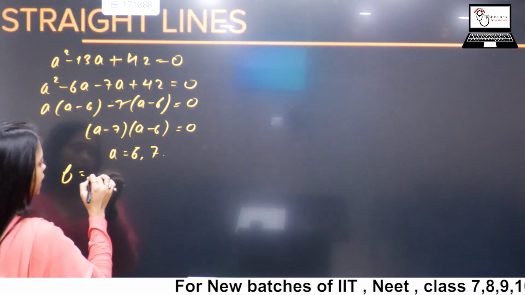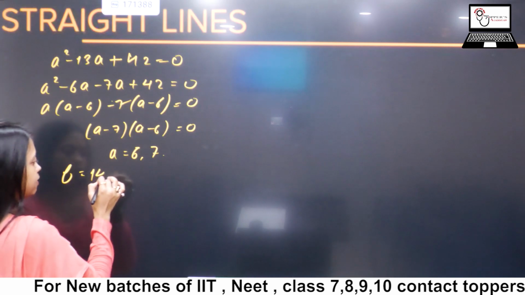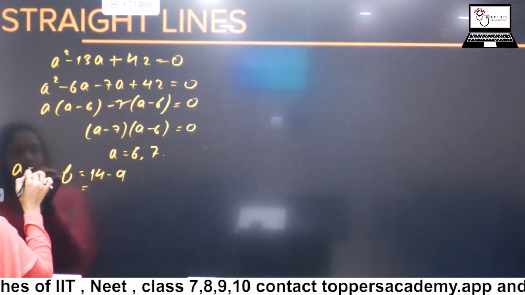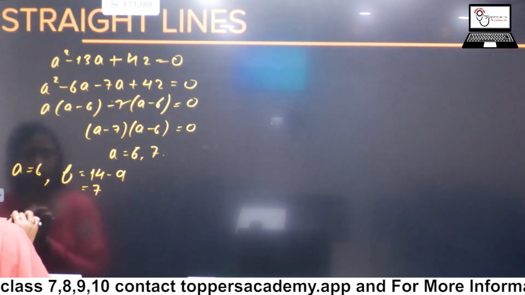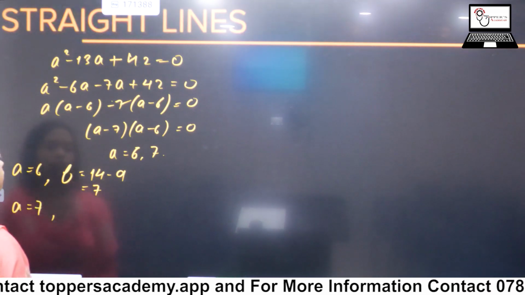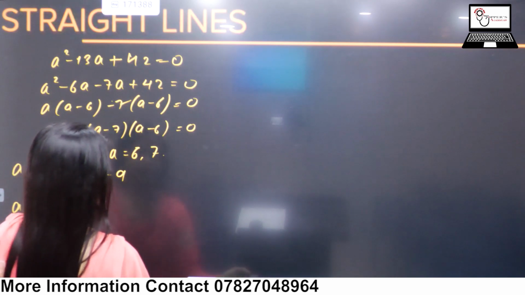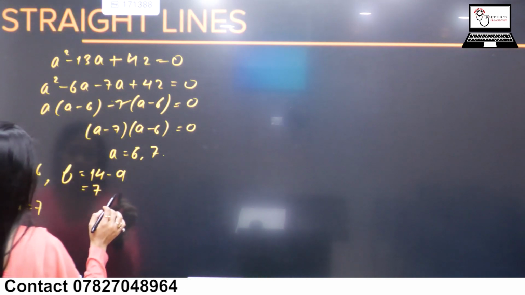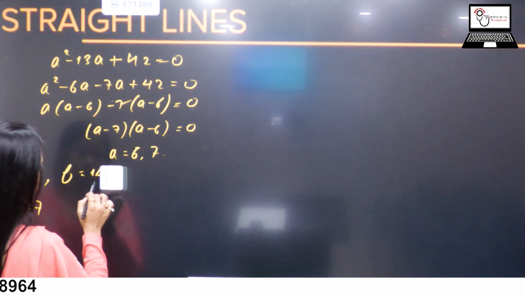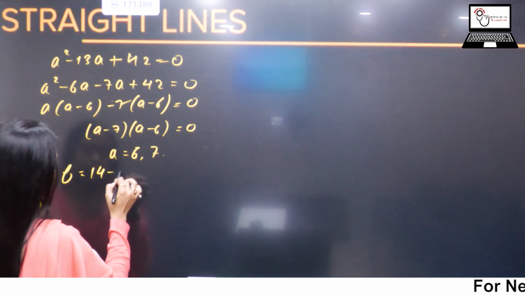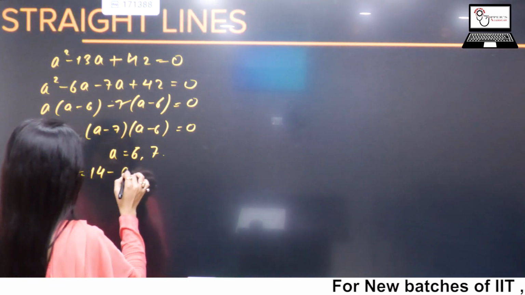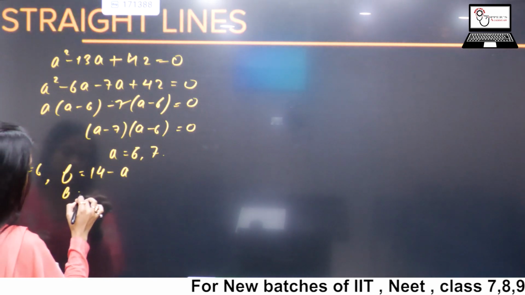For the value of B, I will have 14 minus A. So that means for A equals 6, I have B as 7. For A equals 7, I have, okay, just a second. This is 14 minus A, which is 14 minus 6, which is 8.